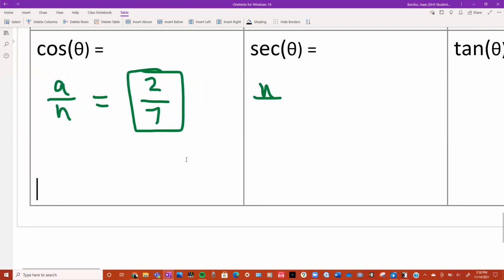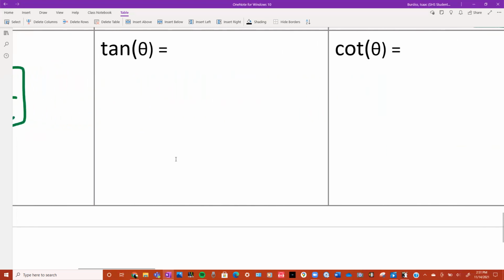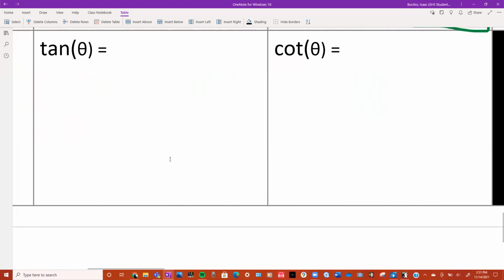It is h over a, since it's the inverse, and we can just say 7 over 2. Those ones are pretty easy. Now, let's do tangent and cotangent. So to remember what our values were, we had h is 7, a is 2, o is negative square root of 45.